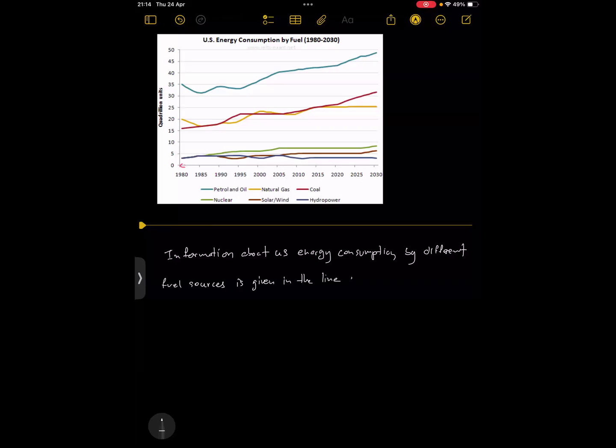In the line graph, covering the period from 1980 to 2030.